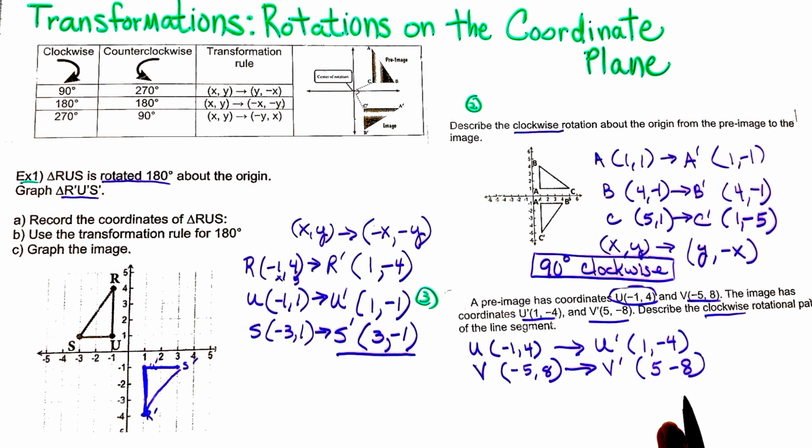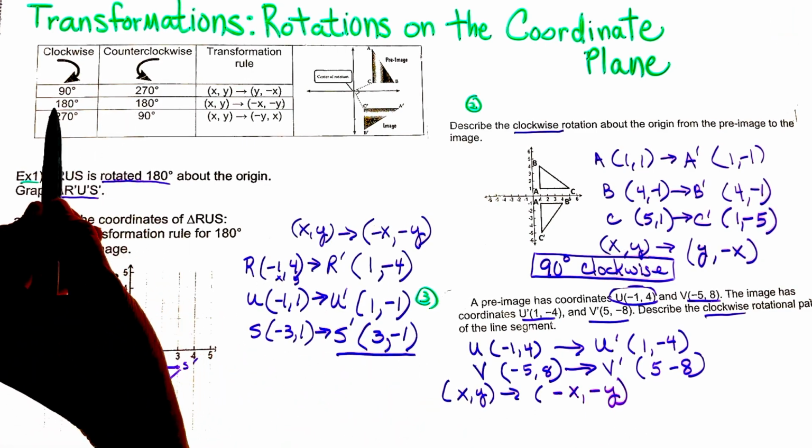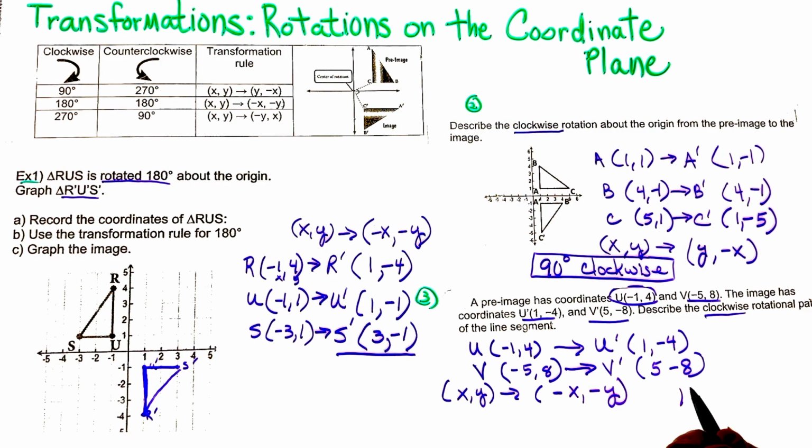So for this one, I know that here's my XY rule. Again, they were in the exact same order, so they were just the opposite. And what is the clockwise rotation? This is a 180 degrees clockwise rotation.